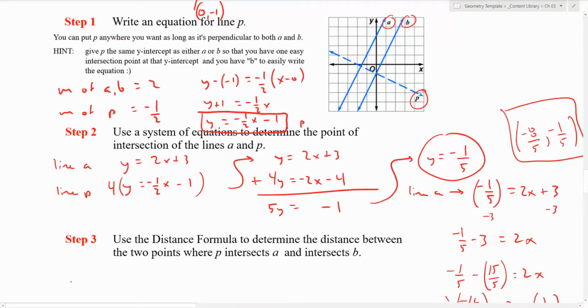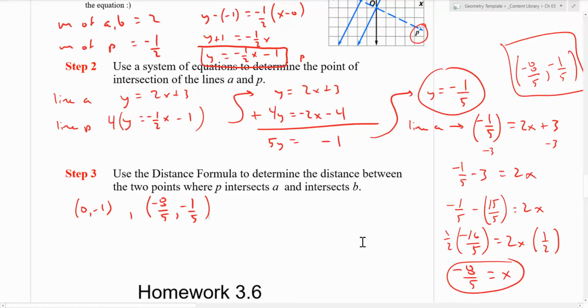Okay, so I've got 0, negative 1, and I've got negative 8/5 and negative 1/5. Oh, this should be fun. Use the distance formula with some fractions. Okay. Distance equals the square root of x2 minus x1, negative 8/5 minus 0 squared, plus y2 minus y1, negative 1/5 minus negative 1 squared.